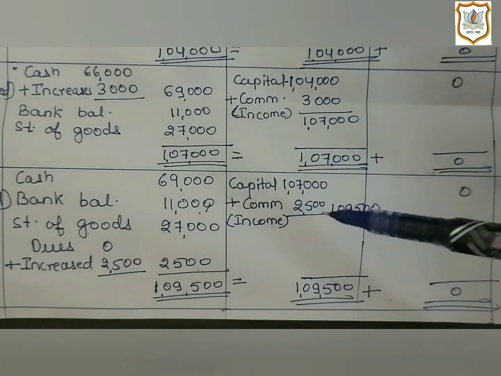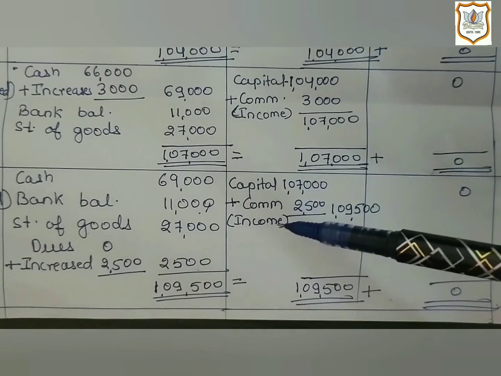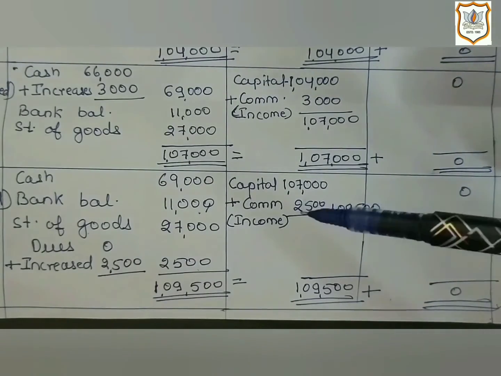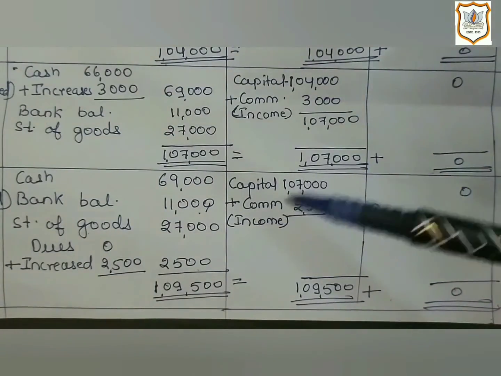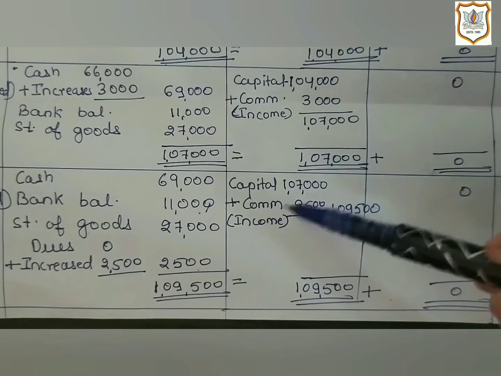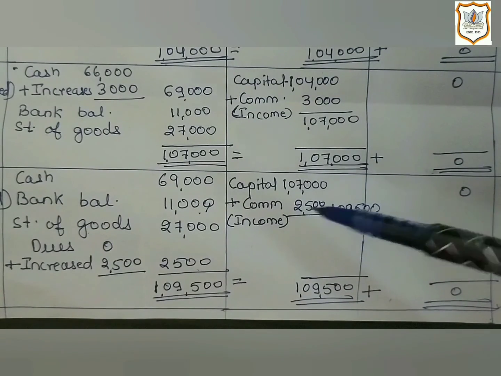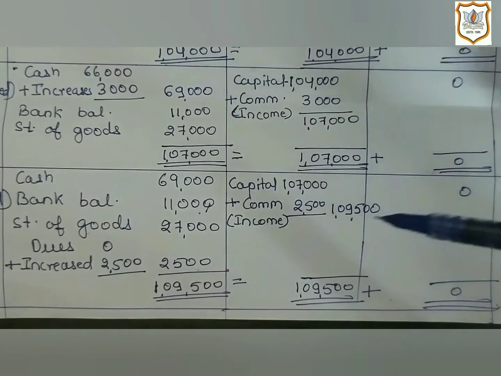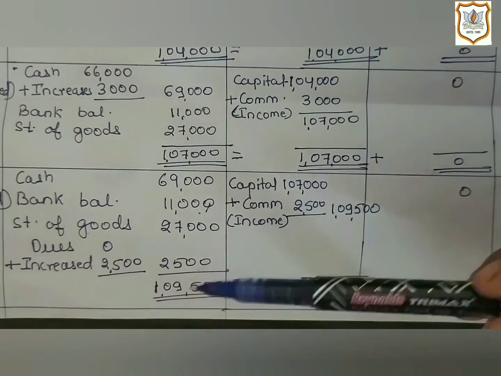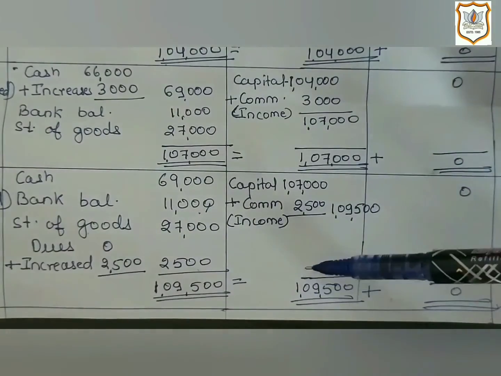So now our total of asset would be 1,09,500. And as this is an income and income leads to addition to capital, our capital balance will also increase by rupees 2,500. So our new capital balance is 1,09,500. So here also our accounting equation is satisfied.